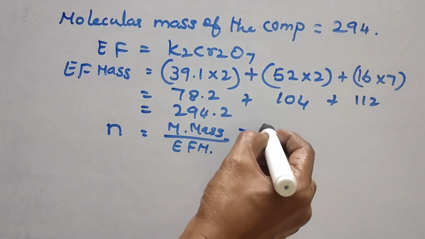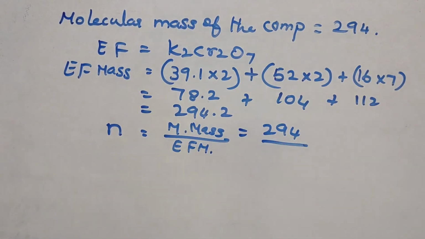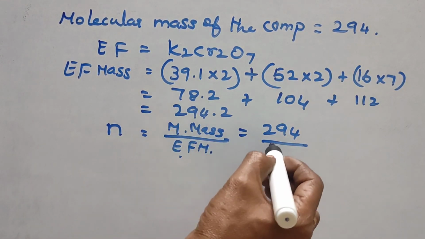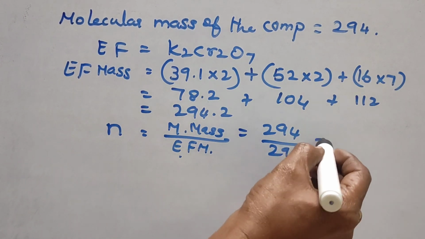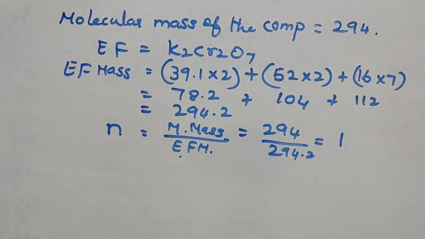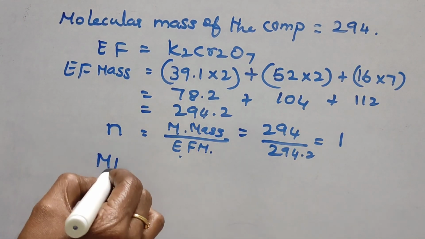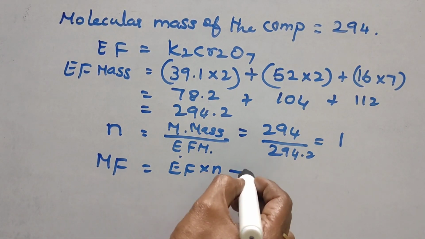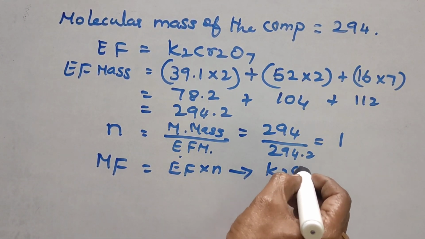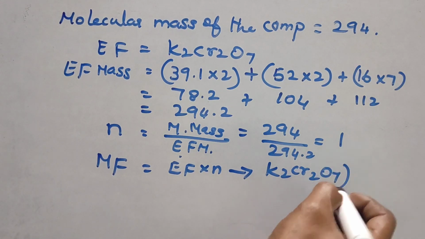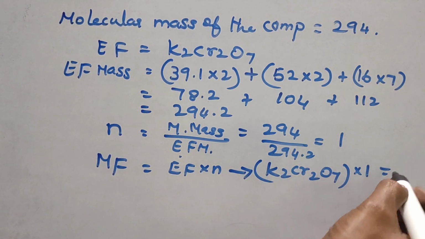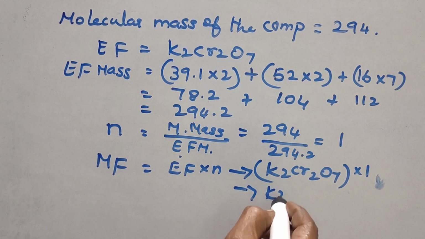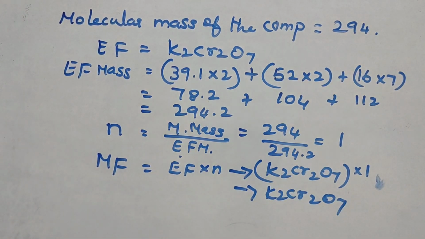The molecular mass given in the sum is 294, divided by the empirical formula mass 294.2, which is equal to 1. Now let us find the molecular formula, which equals empirical formula into N. That is K2Cr2O7 into 1, which equals K2Cr2O7. So the molecular formula is also K2Cr2O7 for this compound.